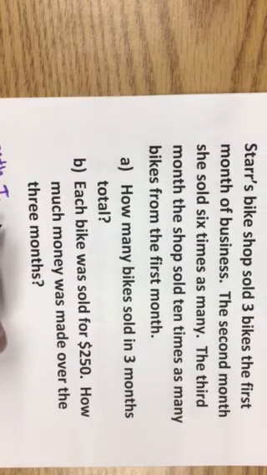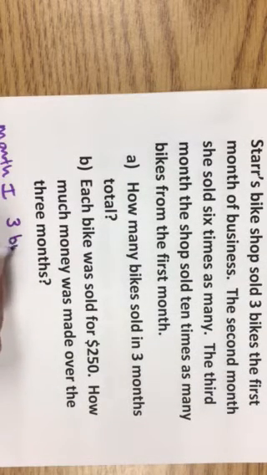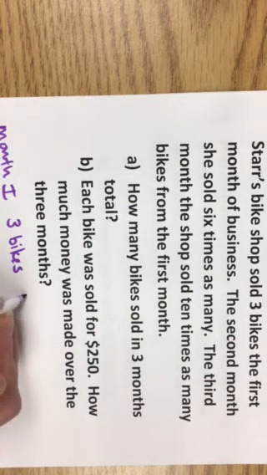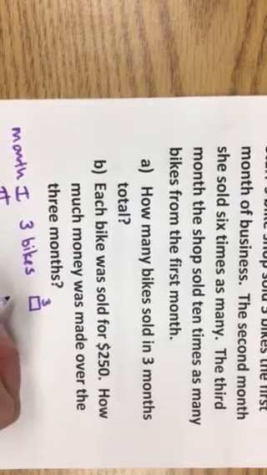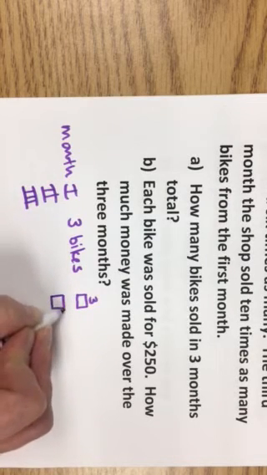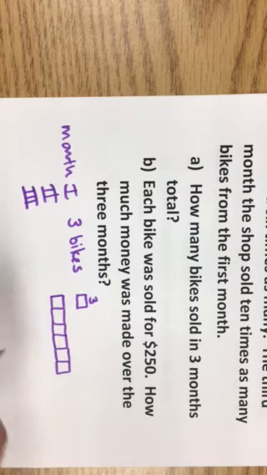So it says the bike shop sold 3 bikes the first month of business. Okay, so we sold 3 bikes. The second month, she sold 6 times as many. So if I were to bar model this, I would have my 3 bikes. And then to show 6 times as many, 1, 2, 3, 4, 5, 6.